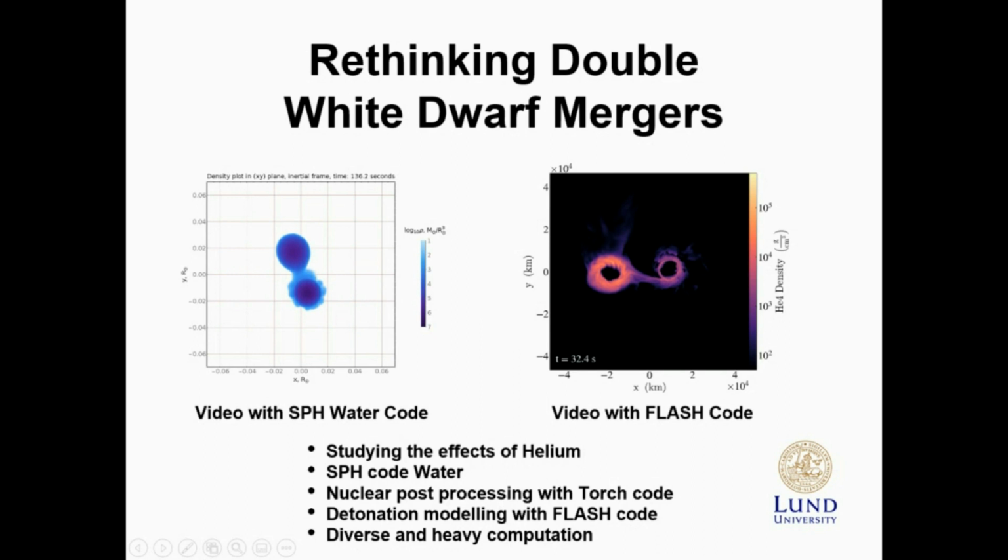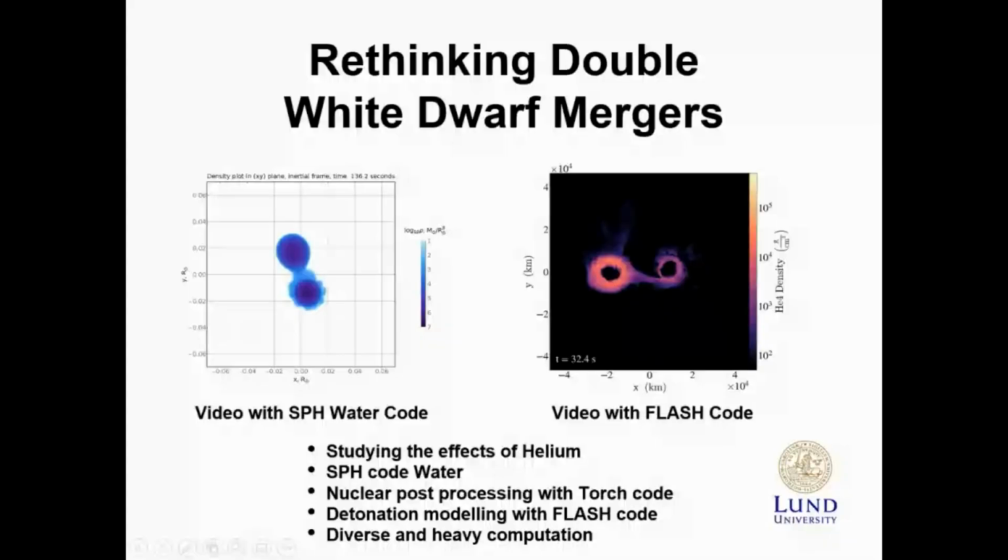And in terms of computation, these sort of simulations were really quite heavy, I would say. So, for example, simulations with this code were based on an OpenMP prescription for, roughly speaking, 20 cores or something for several weeks.